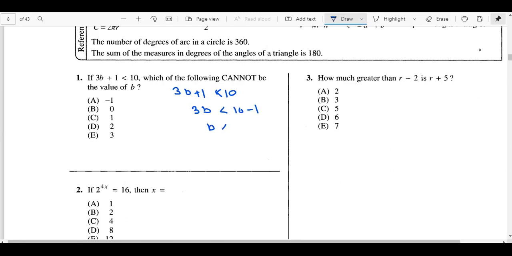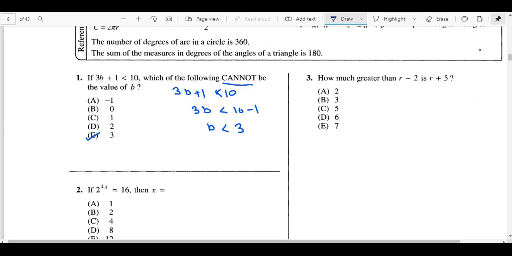That basically means b is less than 3. Since option E says b is 3, this cannot be b, and this is what we were asked to find. So E is the answer, right?